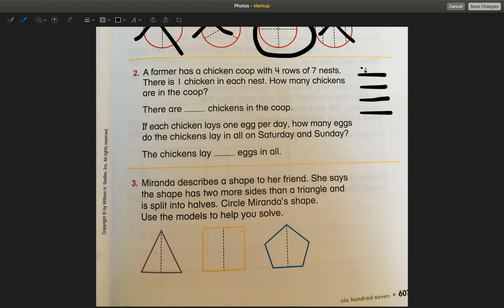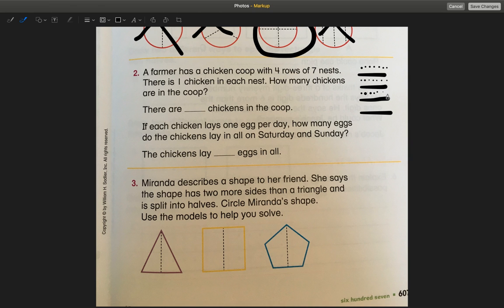So there's 1, 2, 3, 4, 5, 6, 7. 1, 2, 3, 4, 5, 6, 7. 1, 2, 3, 4, 5, 6.